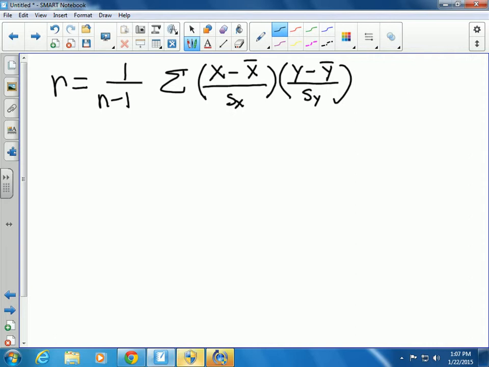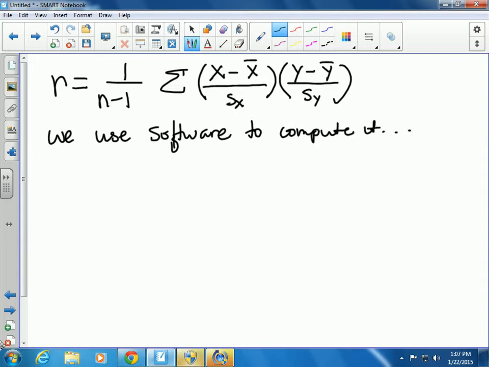It gets very complicated. I want to show you now that we are going to use software to compute it.